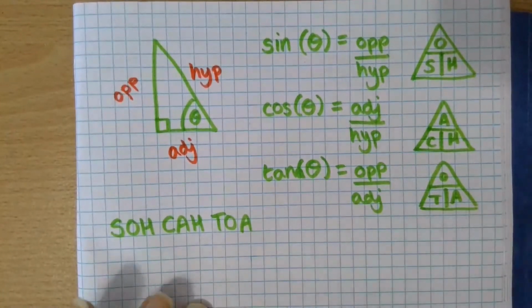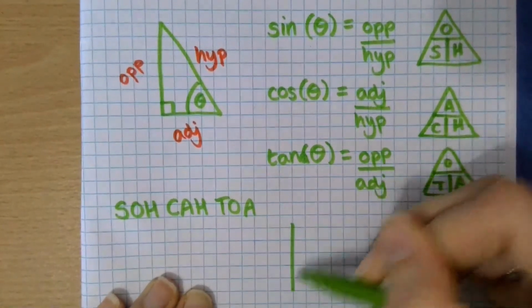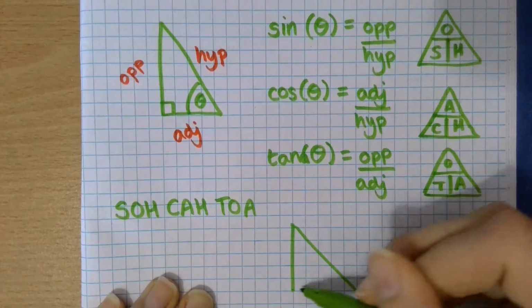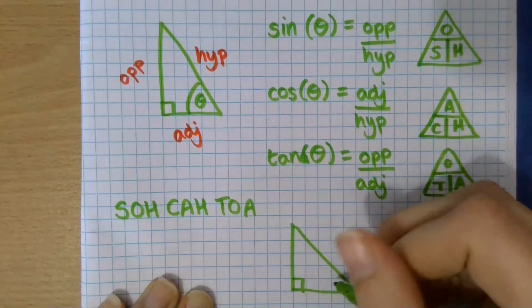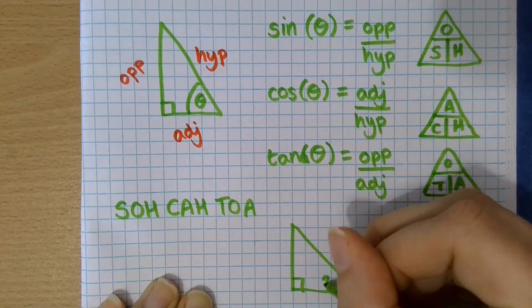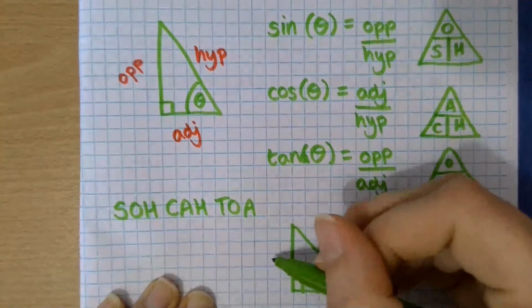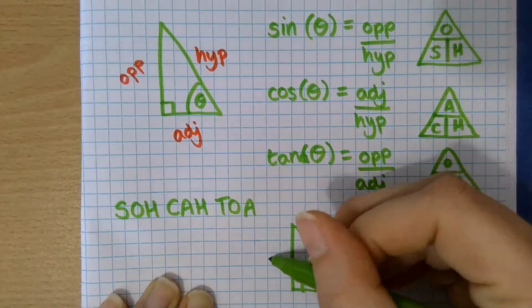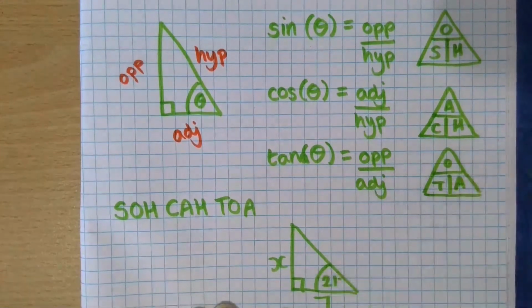So the idea is, when you've got a right angle triangle and you're trying to find the size of one of the sides. For example here, if this was x and this was 7, I'd say, okay, what sides have I got?